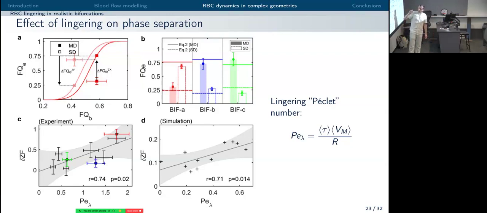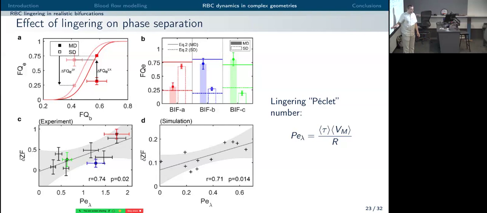And if you now look at how that flow split is different from the predicted pre-second split, this is what we call lowercase delta ZF, the Zweifachfung effect, which is basically the effect that we have been talking about before. So if you look at the bottom left, the y-axis, delta ZF, tells you to what extent you deviate from the phase separation model.